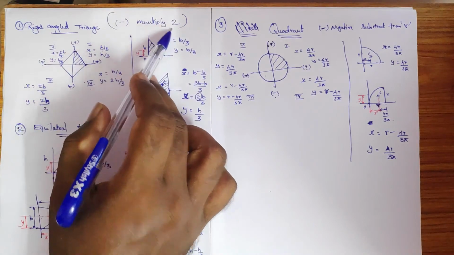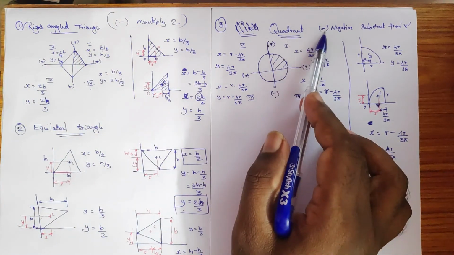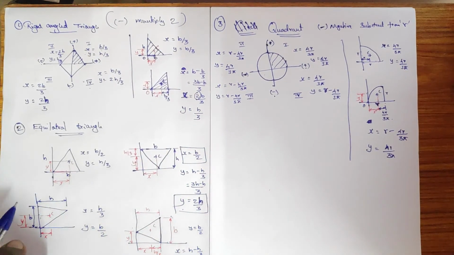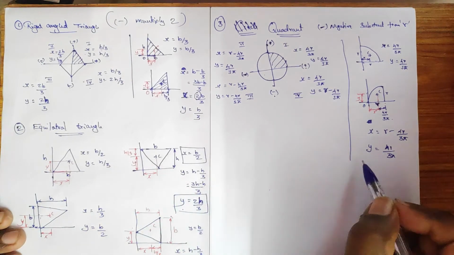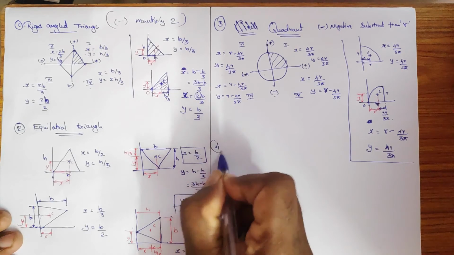Just like in the right angle triangle, when you are coming across the negative one, you have to just subtract from the radius r. Okay, let's move to the next one, the final one.